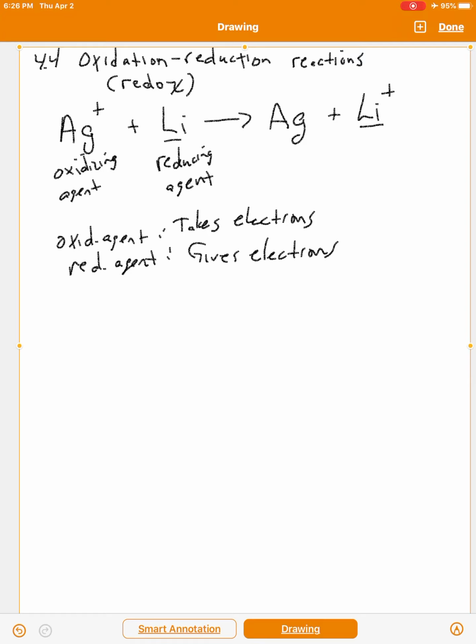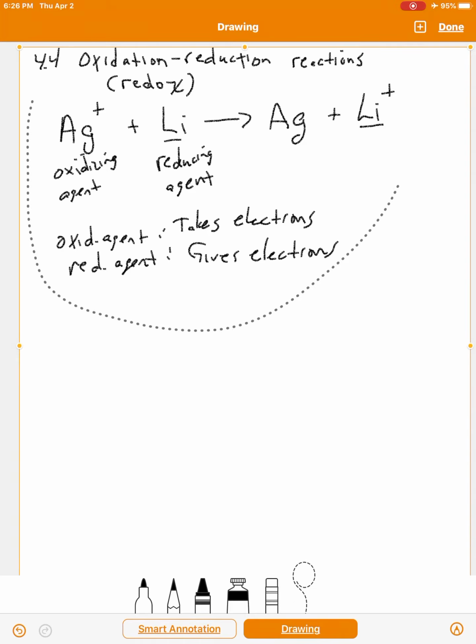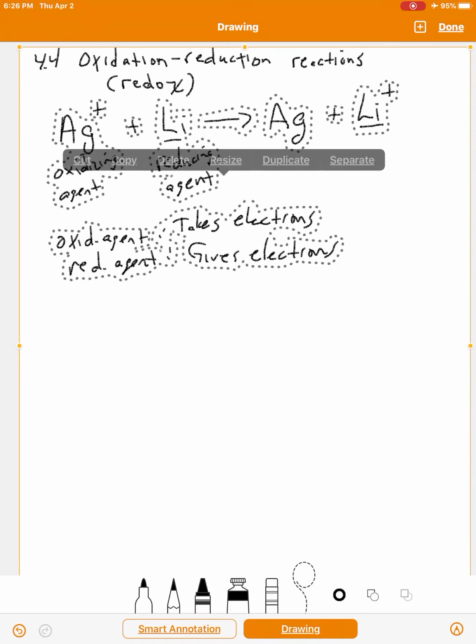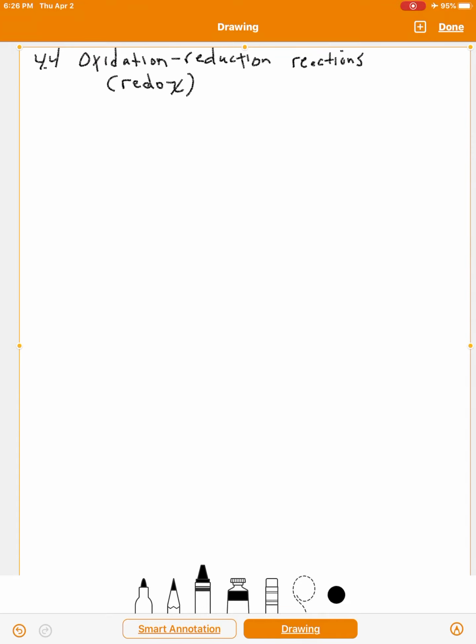Now, one way of analyzing this is to use what are called half reactions. So I'm going to show you the example your textbook gives, just so that we can stay in line with the author. So as you read through section 4.4, you'll follow along here. So we have zinc, which is a metal solid, reacting with copper 2+.